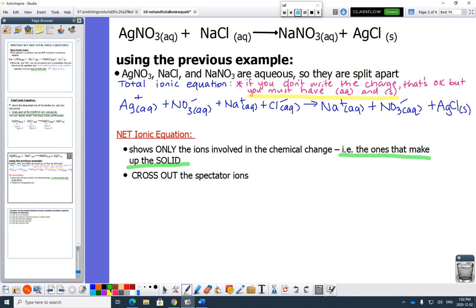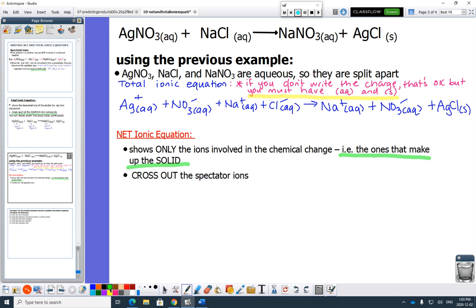You can just take a look and say, okay, well, if silver chloride is the solid, then the ions are silver and chloride. Or you can take a look at the ions that are not changing. So whenever we have something on the reactant side that's the same as what it is on the product, we can cross it out. And we're even going to do that in grade 12 too. Okay? So here, nitrate aqueous. Across the arrow, nitrate aqueous.